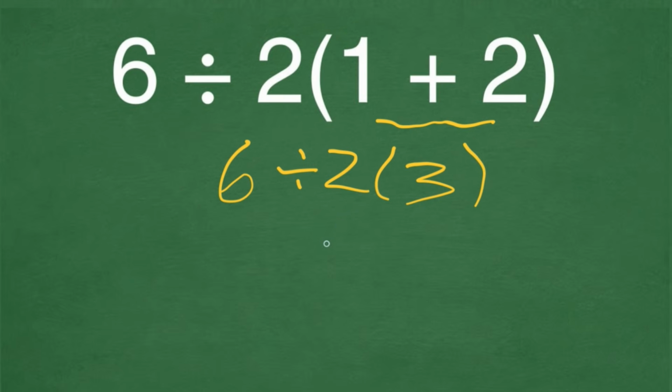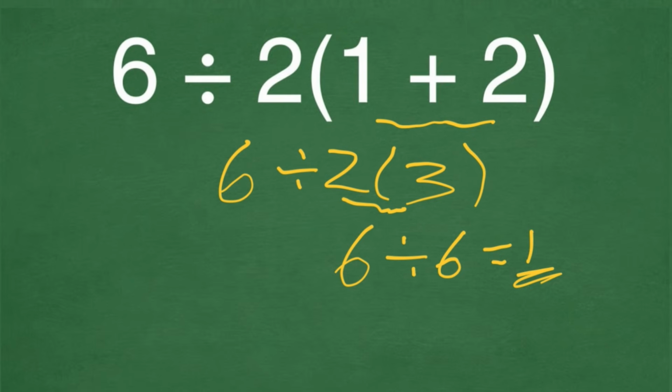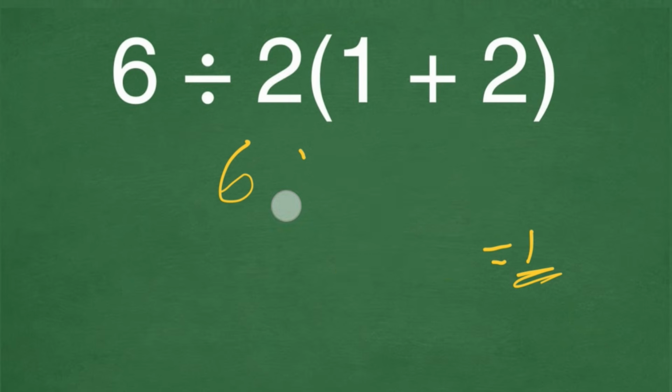So they solve 2 times 3 first, which is 6. And the answer would be 1 to this question. That is what they say. Is this right? Okay, hold on. For these people, the answer is just 1.